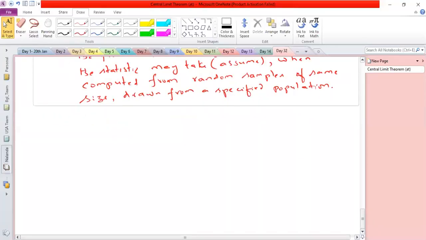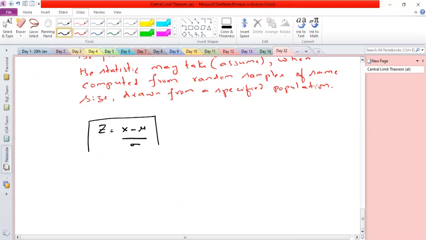What is my Z value? Z equals X minus mu divided by sigma. This is the original definition. Now the same formula I am applying to multiple samples which I plotted.